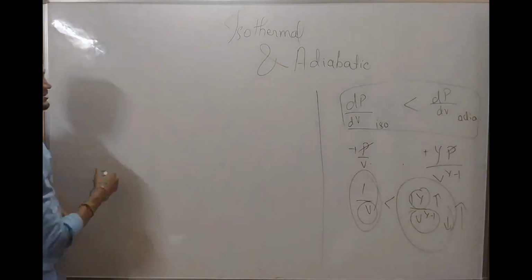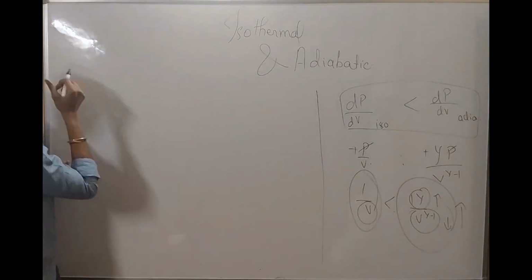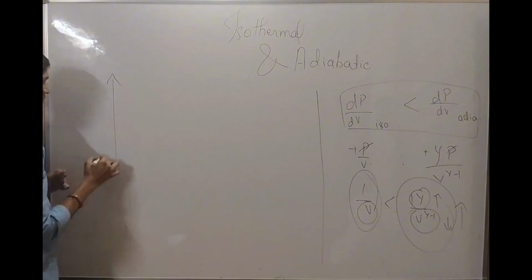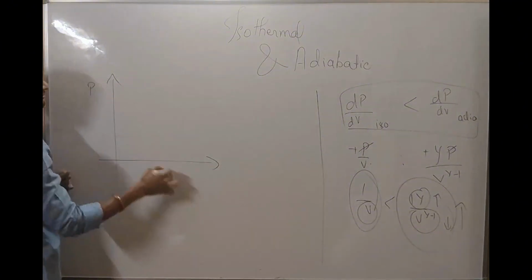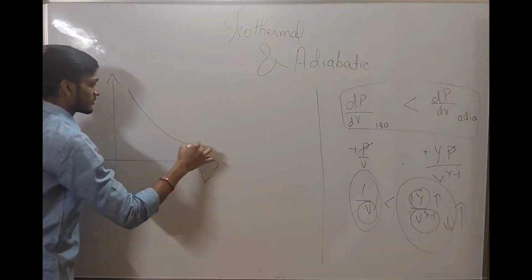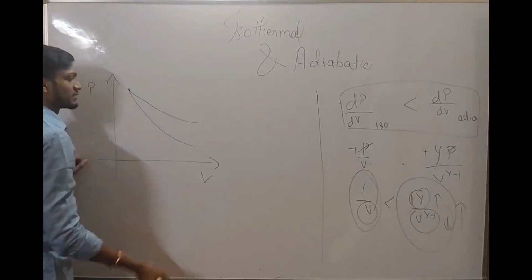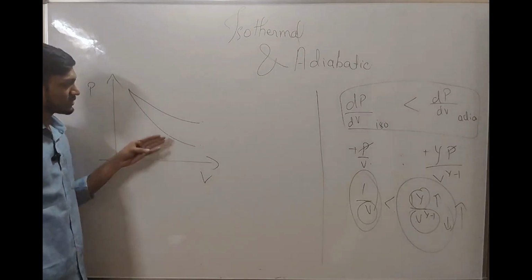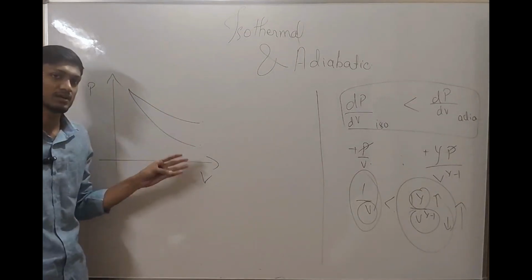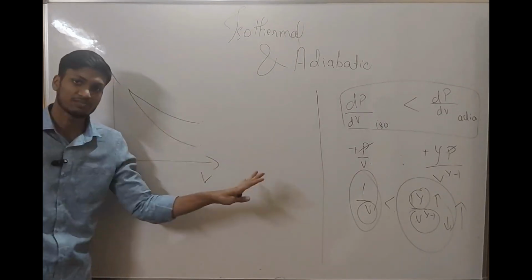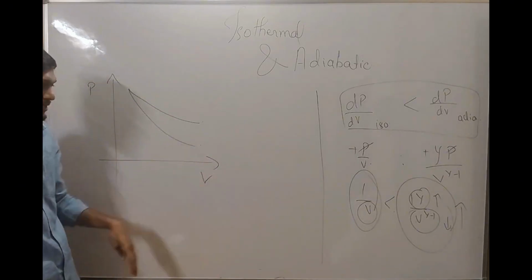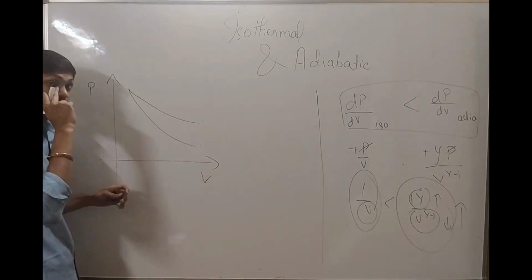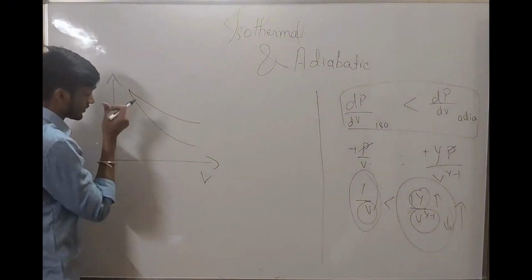Next, let's understand the PV graph. For an isothermal, it looks something like this, and for adiabatic, it also looks something like this. Now, which one is isothermal and which one is adiabatic? We have to analyze that through the slope method. As we know, the slope of the adiabatic is more.